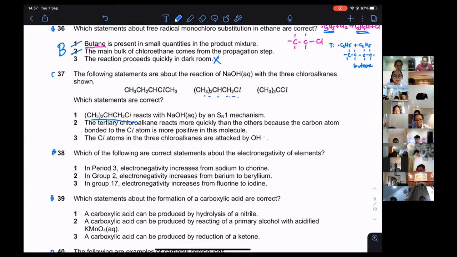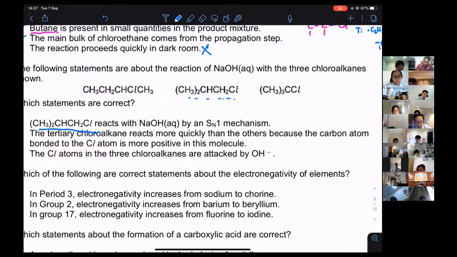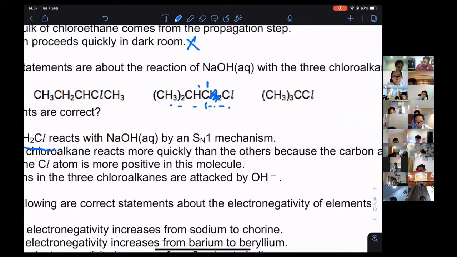If I just look at it, it's going to be CH2, and then Cl, and then there is carbon. So this is the entire thing over here. It's going to be 1 R group. So it means this is going to be a primary halogenoalkane.